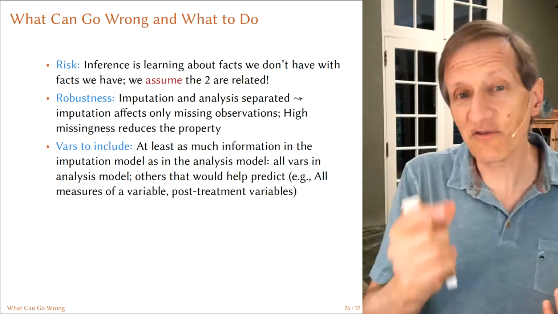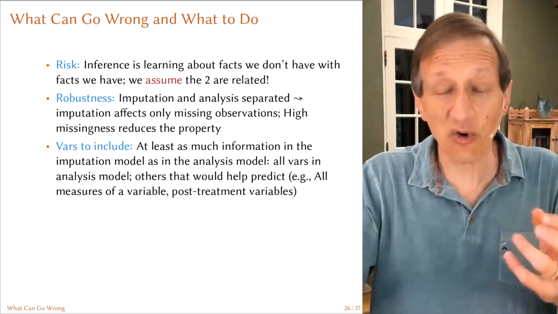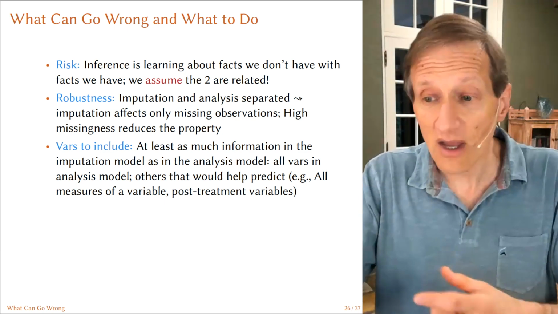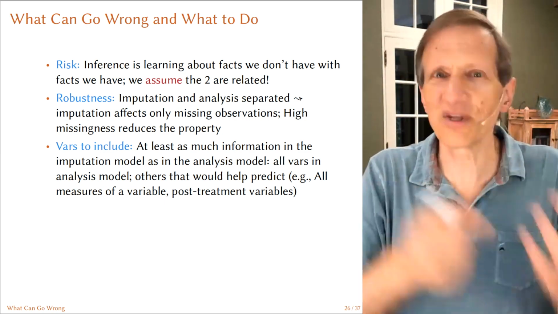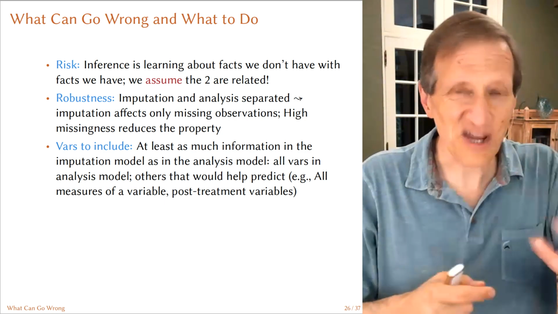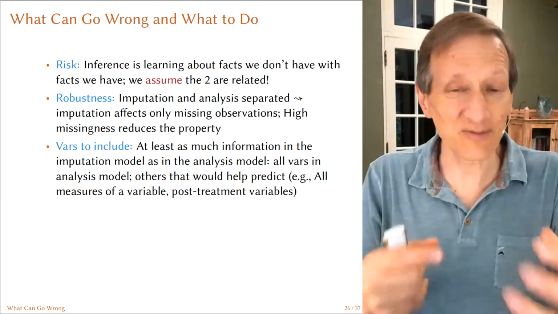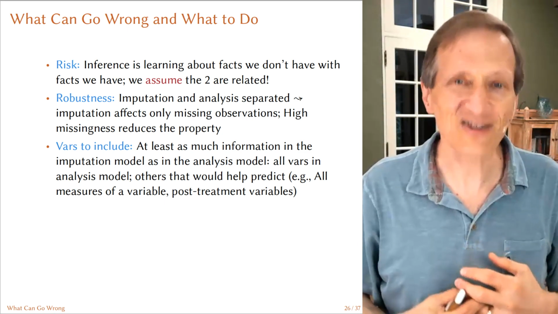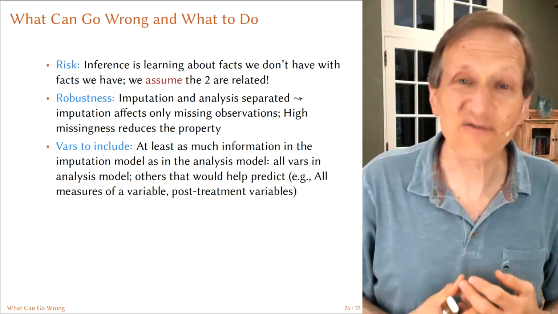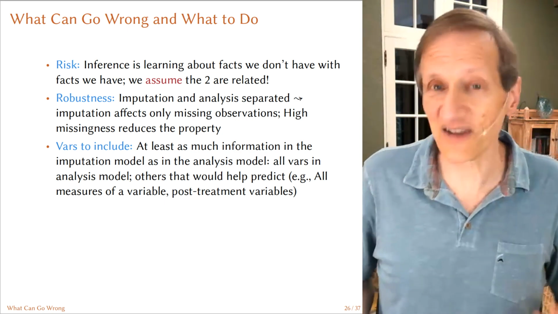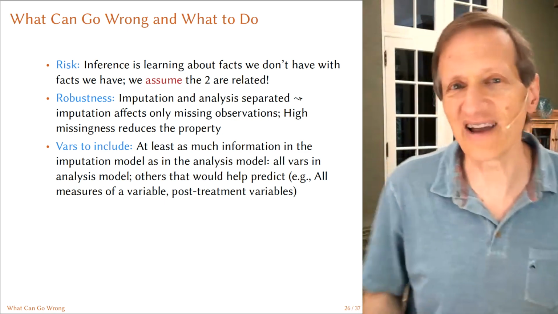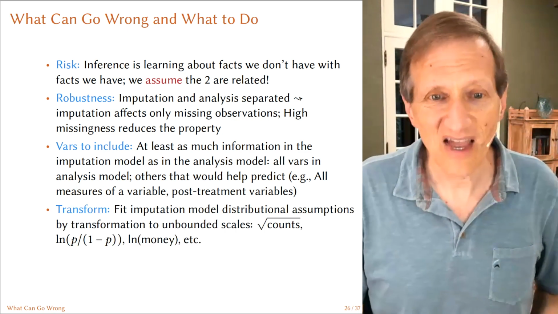Well, having a variable not in a model is equivalent to having it in the model, but having its coefficient be 0. So what you're doing is you're taking some of the observations in your data set and telling those observations, and those observations are telling your analysis method, that the effect of those variables that you've left out is 0. So what's going to happen if they're not 0 is your answers are going to be biased towards 0. You don't want to do that.